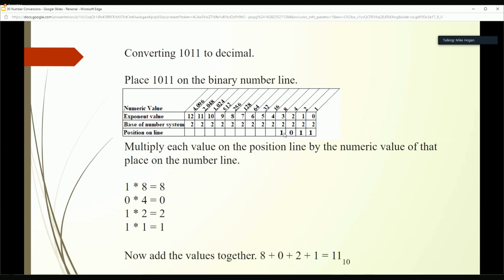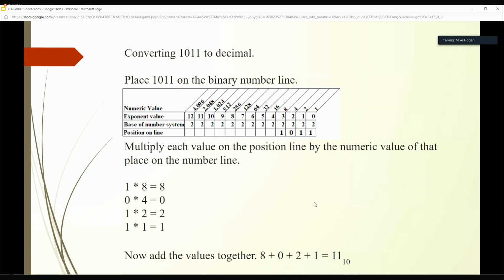It's just a matter of adding up where I have the ones, just like we did before. This was a weight of 1, and I've got one of those, so 1 times 1 gives me 1. 1 times 2, I'm going to add that. 1 times 8, I'm going to add that. The zeros, I don't have any of those weighted columns, so I don't add anything there. For this number, I'll be adding 8, 2, and 1. That gives me 11.